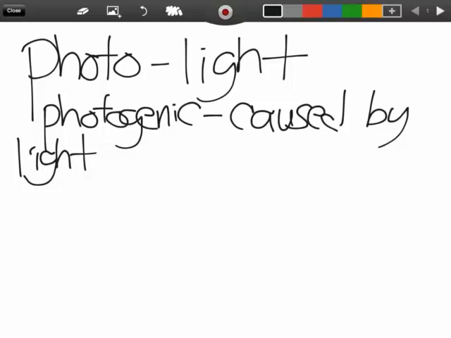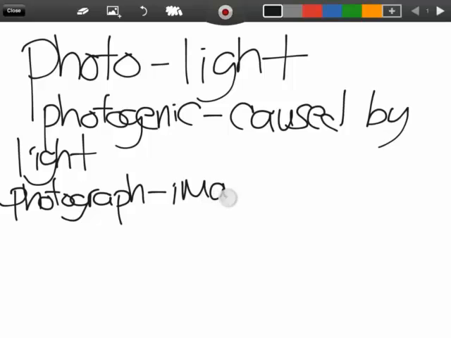And my second word is photograph, and the meaning of that word is image made on light.